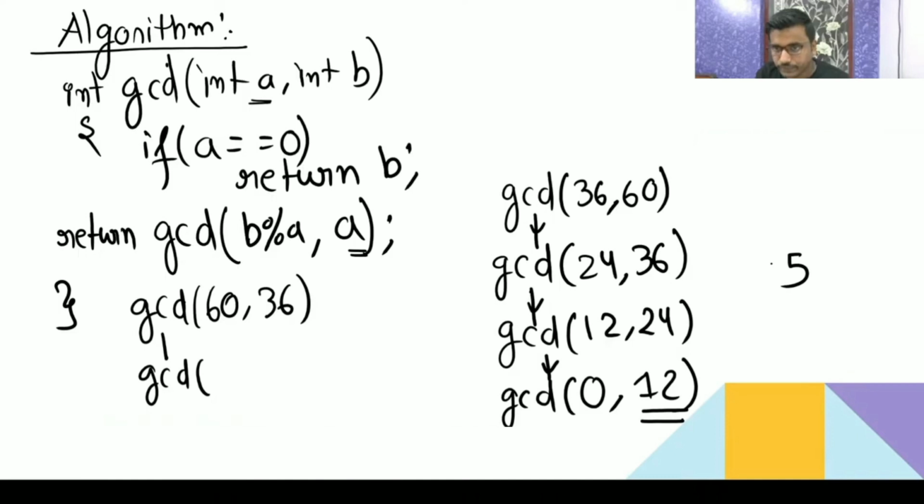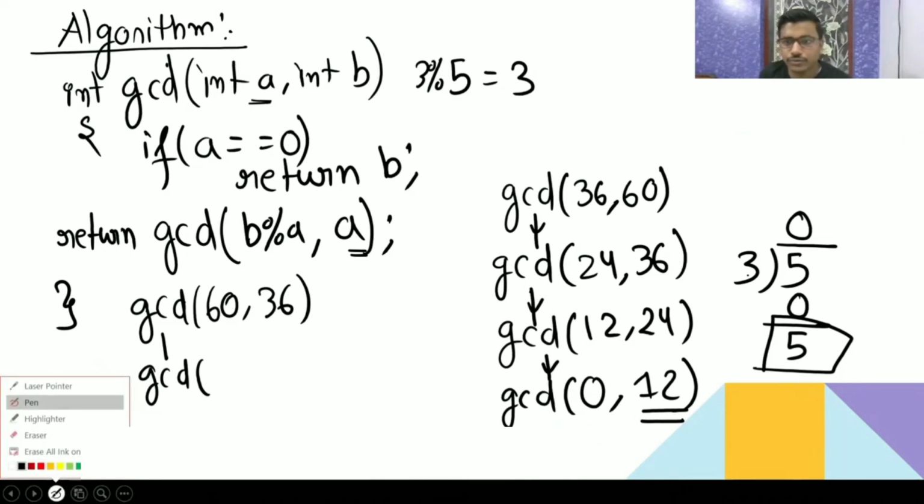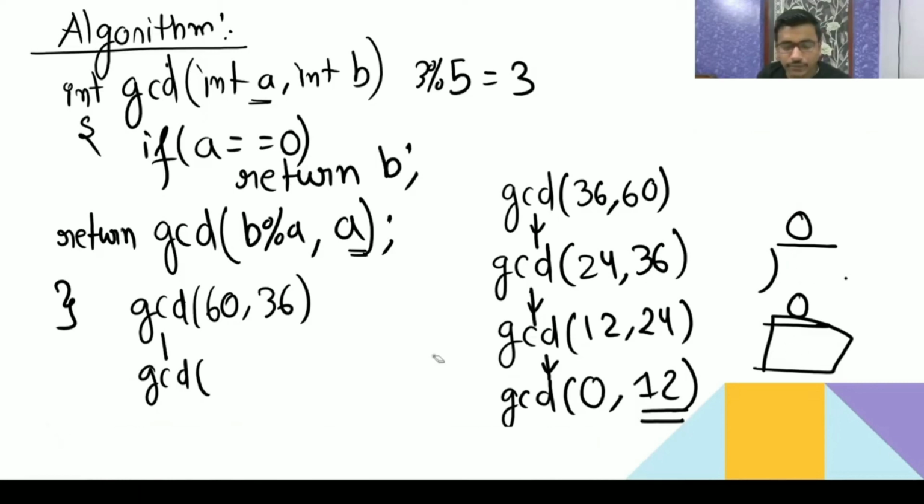So tell me, if you divide 3 by 5, it's not going to divide, so you are going to get remainder as 3. Correctly, 5 mod 3 would have the greater number first. But here it is 3 mod 5.